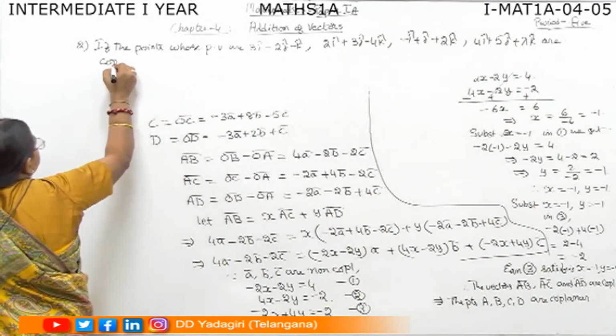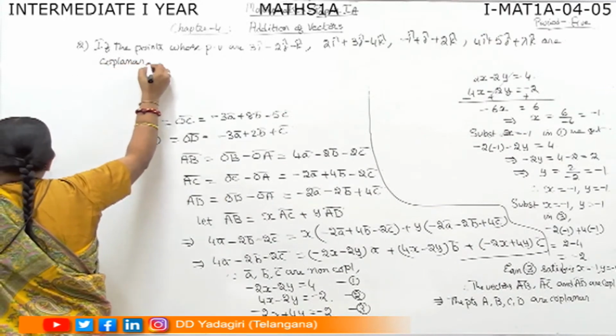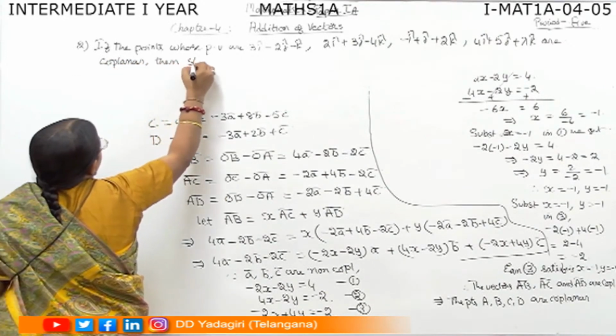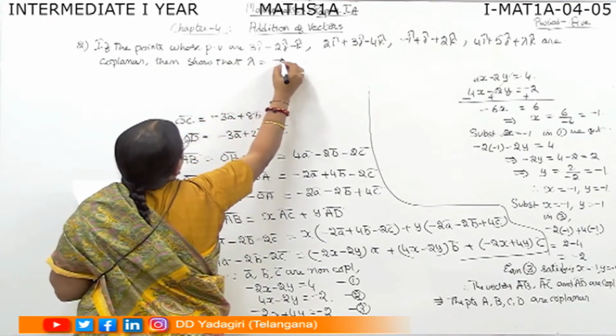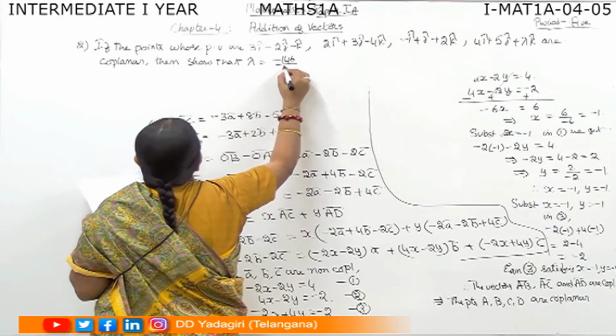So he has already given that the 4 points are coplanar. Then show that lambda is equal to minus 146 by 17.